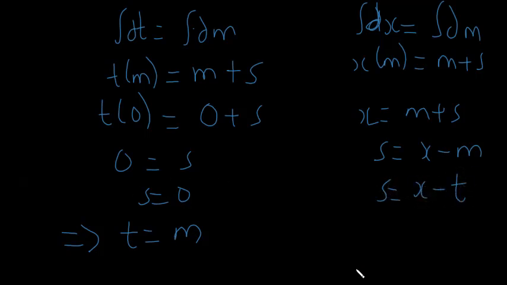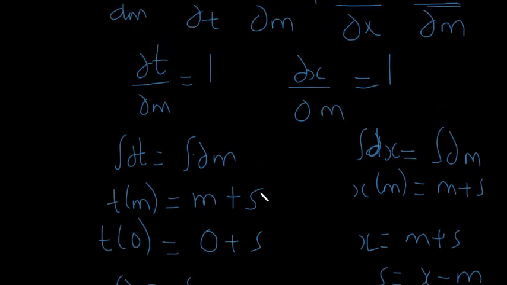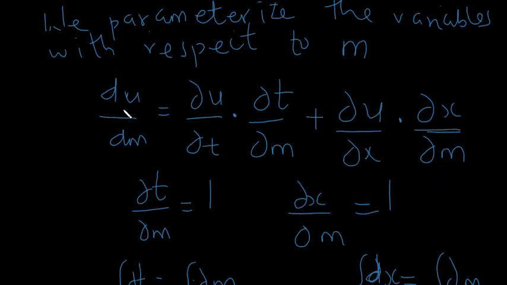The reason why we are doing this transformation is that in the end, our du dm, or our solution u here, we have du dm, right? So our function that we are going to get is going to be a function of m and s.